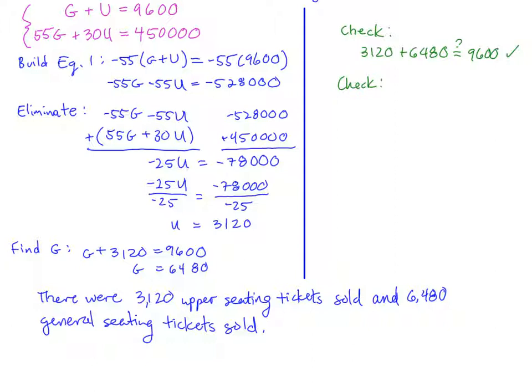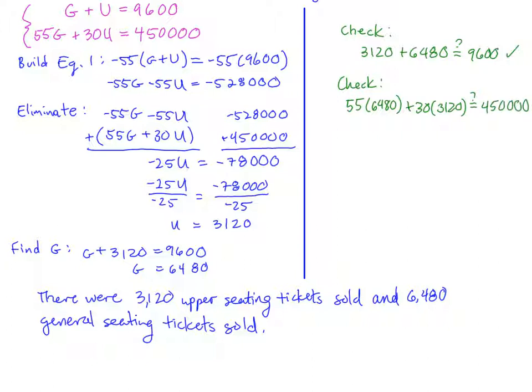So we'll take 55 times, and general was 6,480, plus 30 times 3,120, and we're checking, is that equal to 450,000?